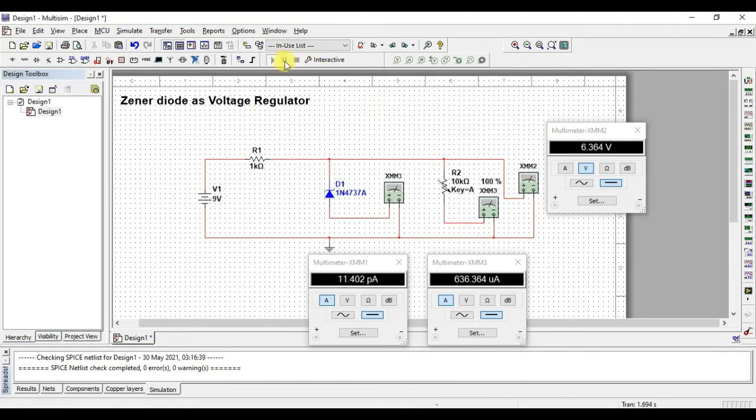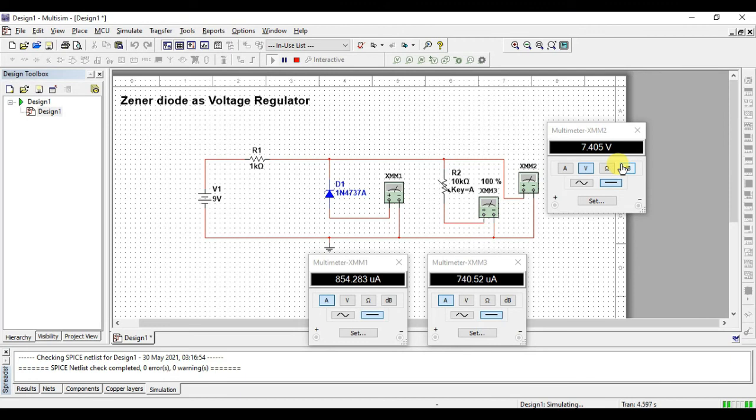Observe that the voltage across the resistor at the output is 7.405. Why? As we have seen previously, the breakdown voltage of the GNR diode is about 7.45. Once it reaches breakdown, it maintains the voltage constantly at the output side. That's why it is called a voltage regulator.